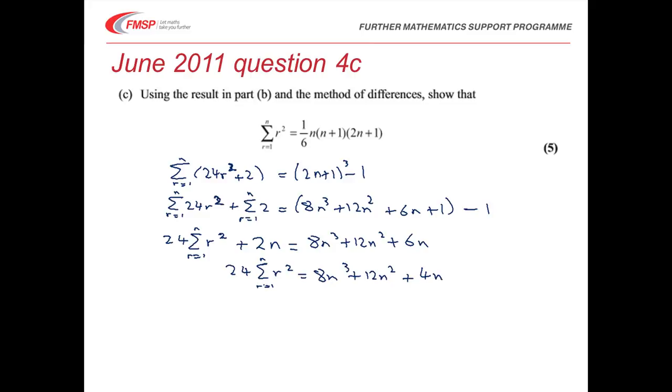And then we can divide through by the 24. I'm going to take 4n out as a common factor.